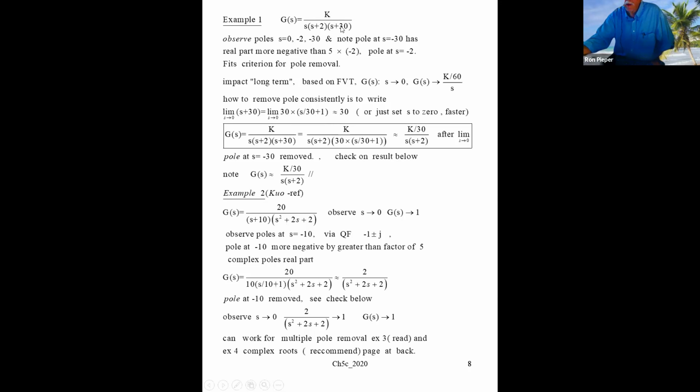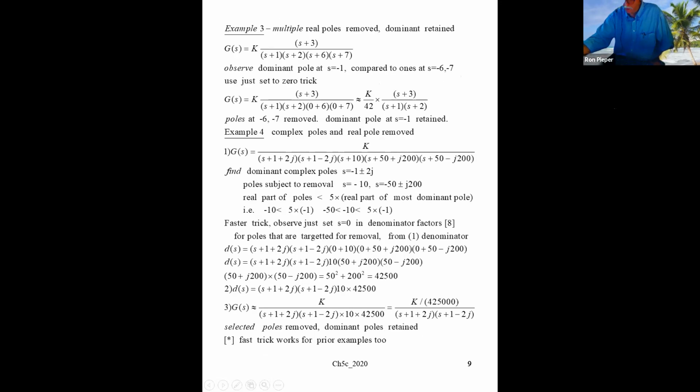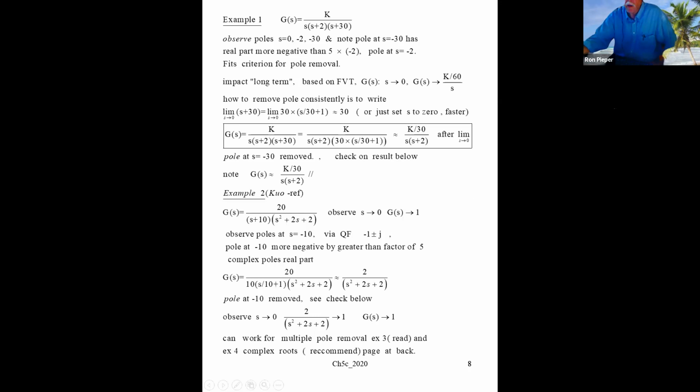So what we're saying here is, in order to get this approximate result, keeping what are called the dominant poles, you would argue, if you recognize which one you can throw away, and you could say, well, if we compare it with the one at -2, you can see it, let's go back again here. You would say, well, 5 times -2 is -10, but that's certainly more positive than -30.